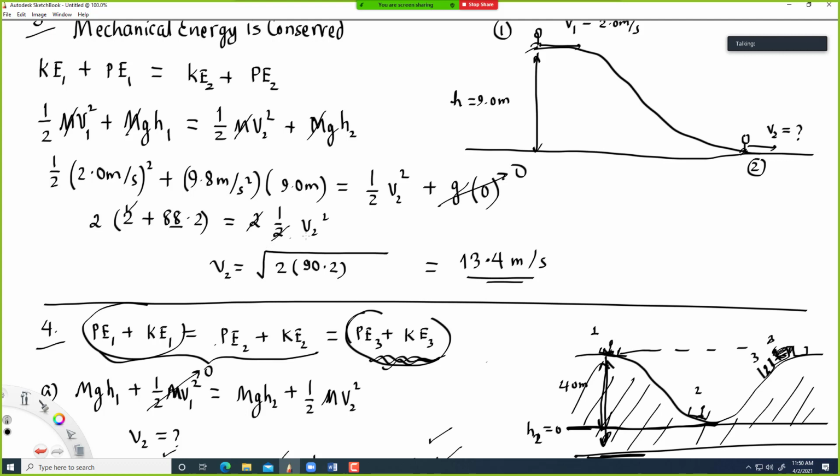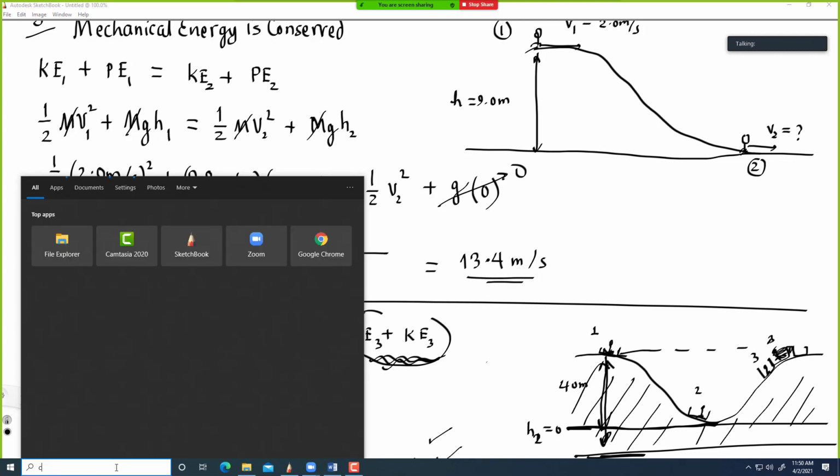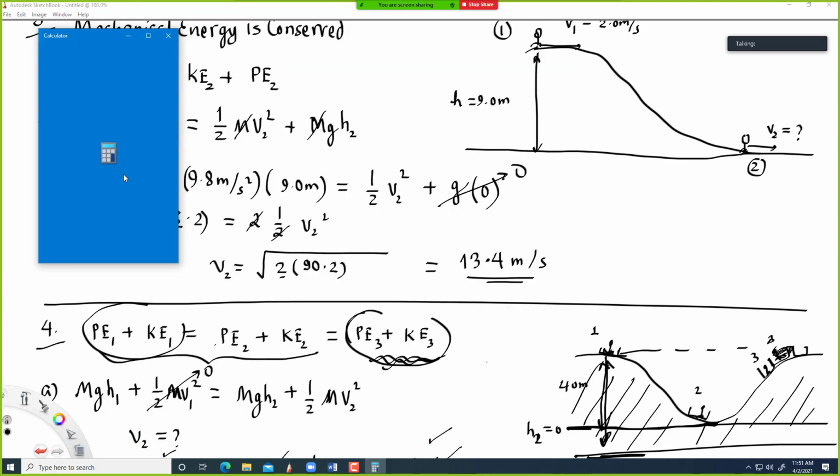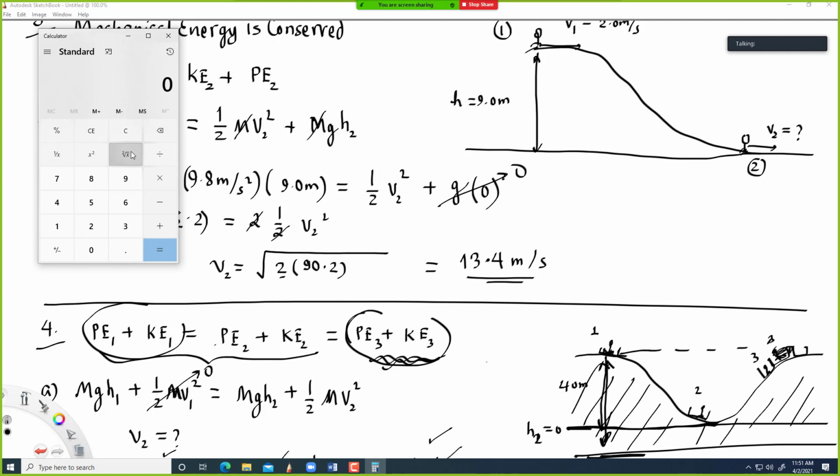So we have v squared. To get rid of squared, I took the square root on both sides. And 2 plus 88.2 is 90.2. And 90 times 2 is 180. So if you take the square root of 180, you get 13.4, I think. Yeah, so 13.4, that's how I got it.